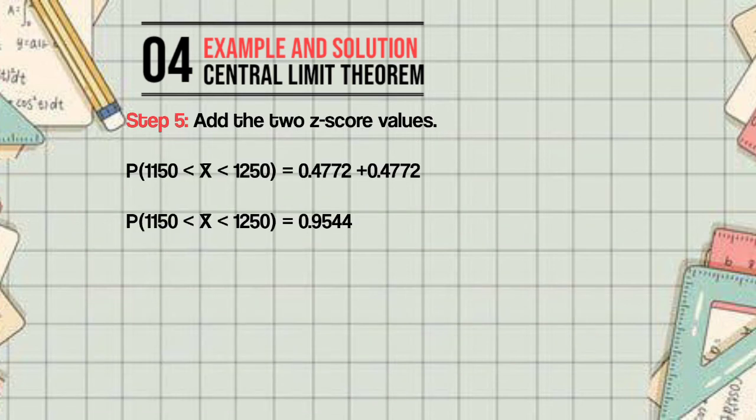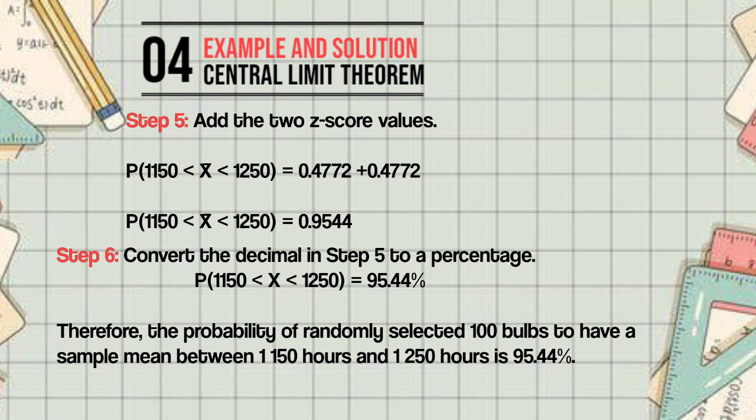On step 5, we add the two z-score areas. P(1,150 < x̄ < 1,250) equals 0.4772 plus 0.4772 equals 0.9544. On step 6, we convert the decimal in step 5 to a percentage.